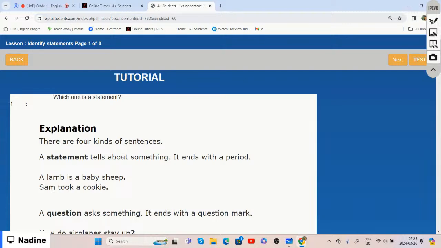I like my family. That is a statement. Tomorrow I'm going to school. That is a statement. And a statement ends with a period. It ends with a period.